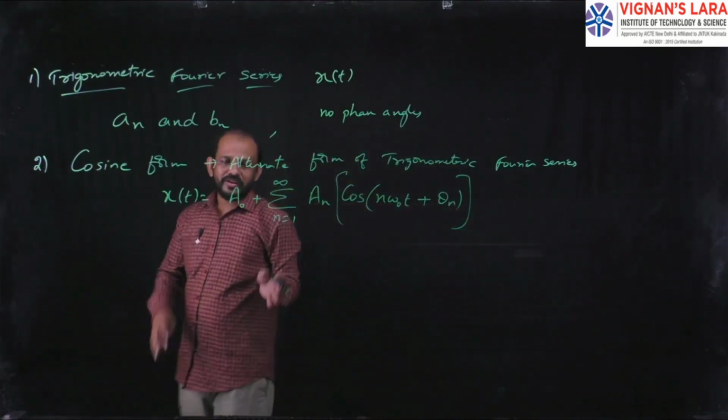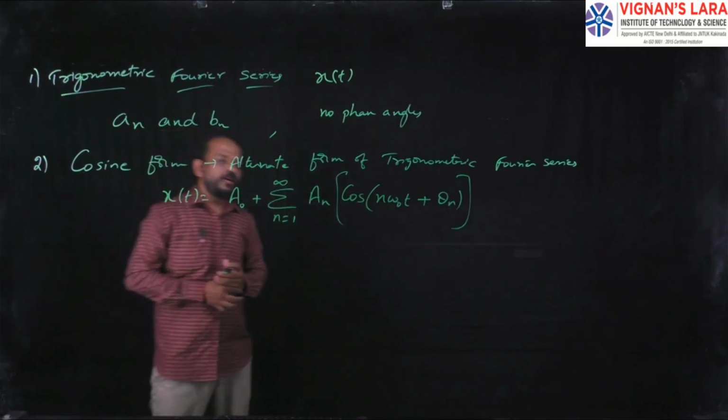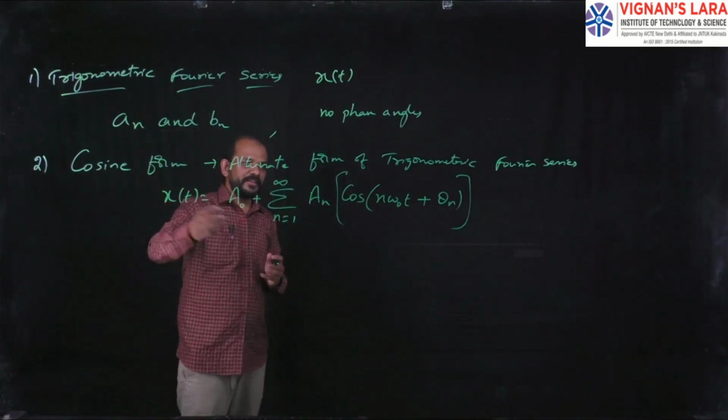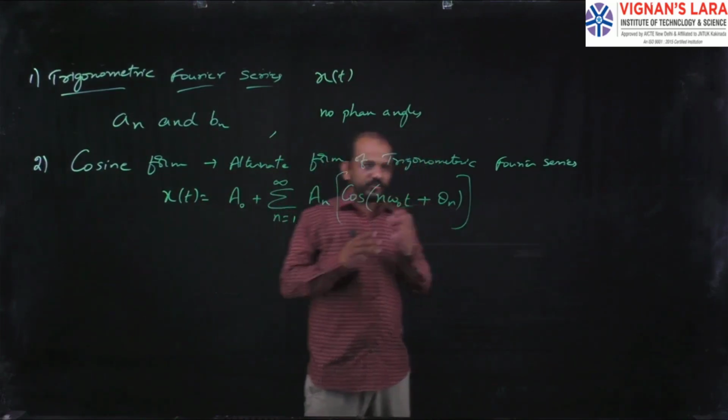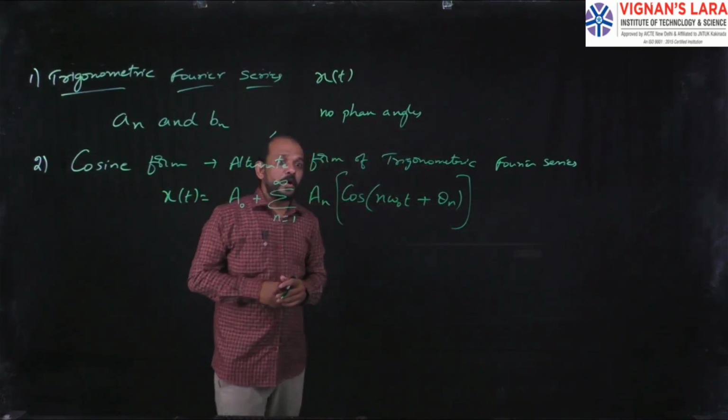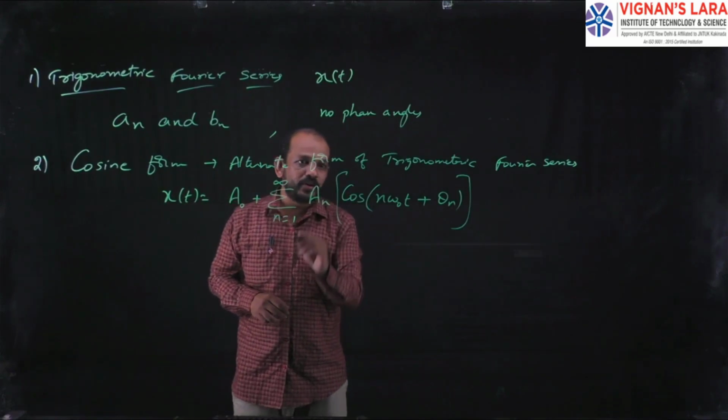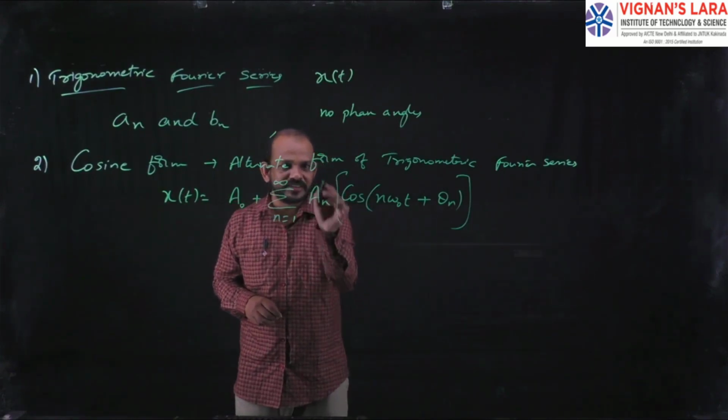So this cosine form of representation of a periodic signal x of t consists of only positive amplitude coefficients, that is this An is positive.